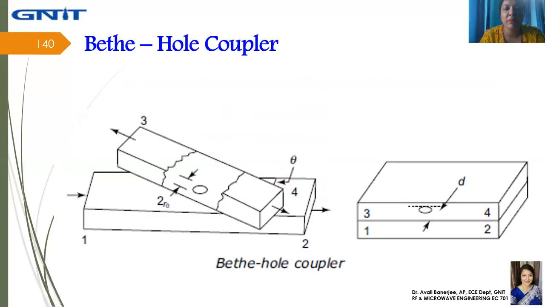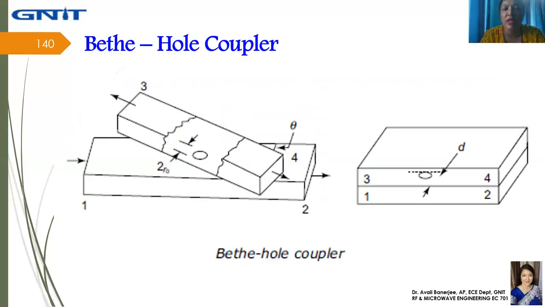Now this is the Bethe hole coupler. Here a single hole is there. This is a waveguide directional coupler. This consists of a single hole broad wall aperture coupled waveguide coupler, where the hole is located at the center of a common broad wall of two waveguides inclined at an angle theta.